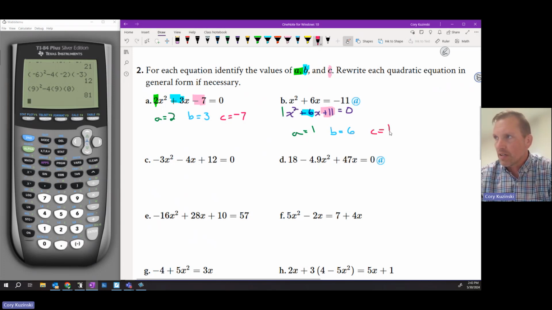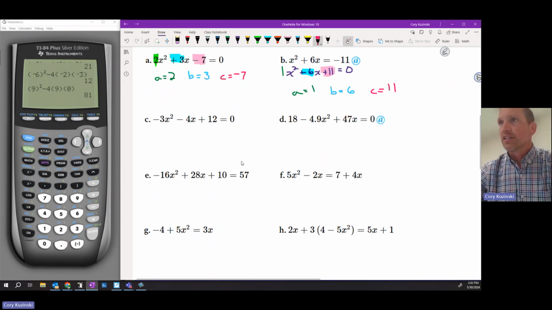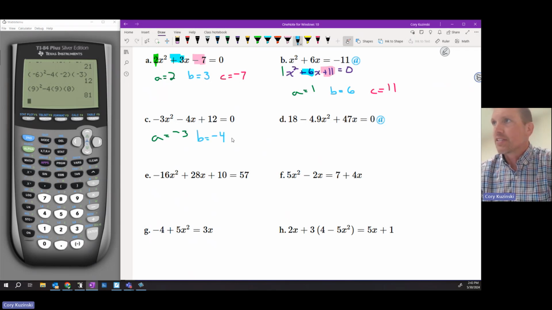I'm going to be done with the highlighting and the color coding. Let's just get after this. A is negative 3. B is negative 4. And C is 12.